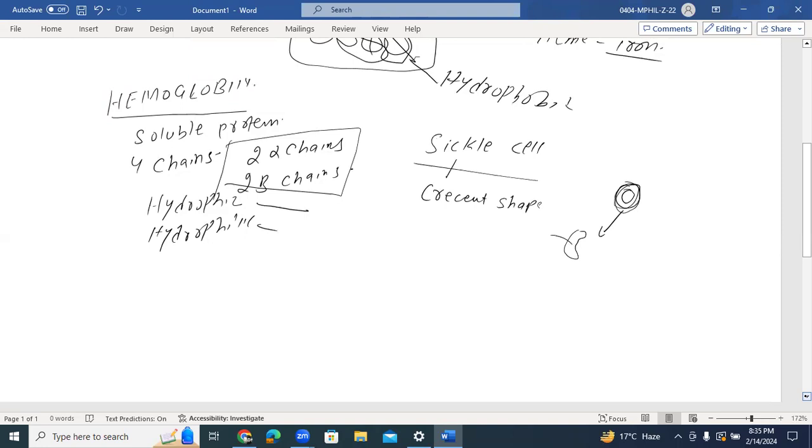So when hemoglobin attains this type of structure after the mutation, it will not be able to perform its function. What is the function of hemoglobin? Oxygen transportation. It is present in the red blood cells, right?